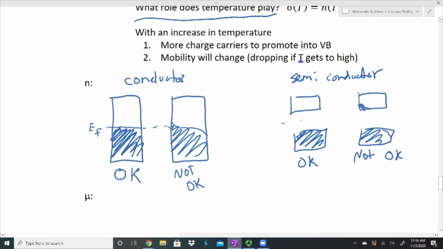So again, I have my Fermi energy right in the middle. And at 0 Kelvin, you can see that I don't have anything promoted, and temperature will promote things when things get hotter. So actually, heat is an okay thing, to a point at least, when I'm talking about semiconductors.